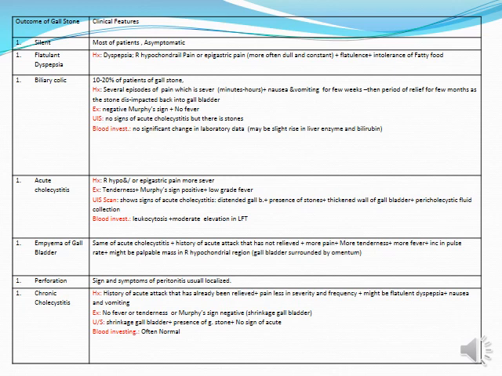Now, biliary colic. I spoke about silent and flatulent dyspepsia. Biliary colic occurs in 10 to 20% of patients with gallstone. History: several episodes of severe pain lasting from minutes to hours, plus nausea and vomiting for a few weeks, then a period of relief for a few months as the stone disimpacts back into the gallbladder.